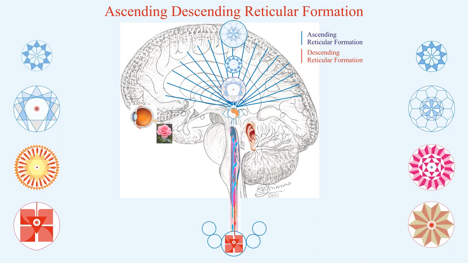Now, all the five senses are closely associated with the brainstem. Eyes, the second cranial nerve, the optic nerve, also goes to the brainstem and then to the thalamus and to higher centers. Hearing is through the eighth cranial nerve, comes to the pons and then to the thalamus and the remaining centers.